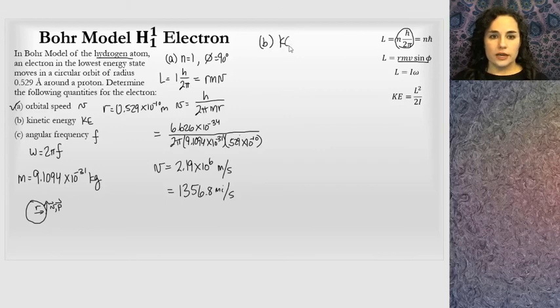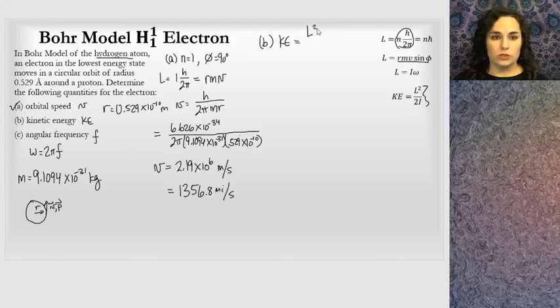And the kinetic energy, you may want to knee-jerk and say 1/2 I omega squared. And we don't know omega straight off. We know velocity, but we don't know omega. The other thing is that we can remember that energy is related to the angular momentum. Just like kinetic energy is related to momentum, kinetic energy is related to angular momentum.